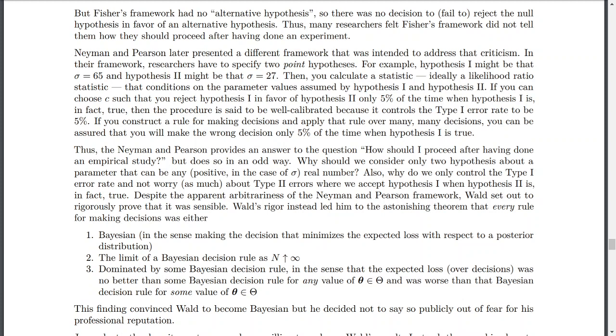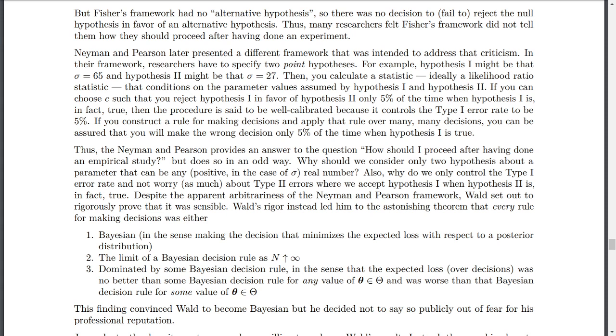That means the expected loss over decisions is no better than some Bayesian approach for any value of the parameters in the parameter space, and it's worse than the Bayesian approach for some value of the parameter in the parameter space. That's the sense in which dominated is defined here.